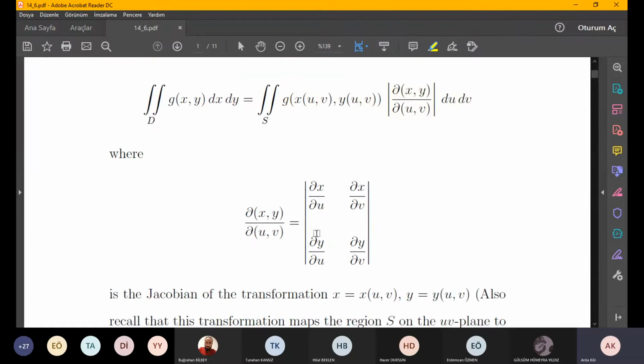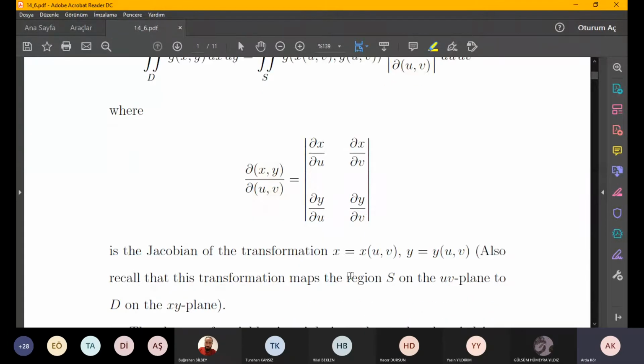Then after completing the Jacobian, you have to take the absolute value of the Jacobian to get dA in terms of u and v.